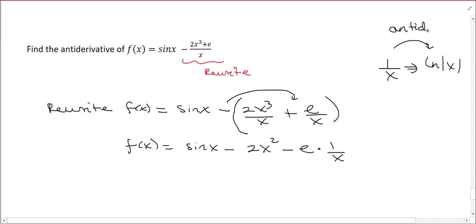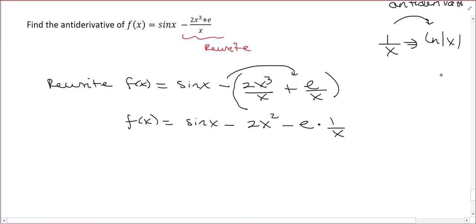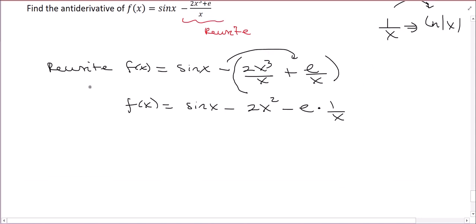So we don't want to use the general power rule on 1 over x, because its antiderivative is a very specific function, the natural log of x. So I'm just still rewriting here. Now I can take the antiderivative.